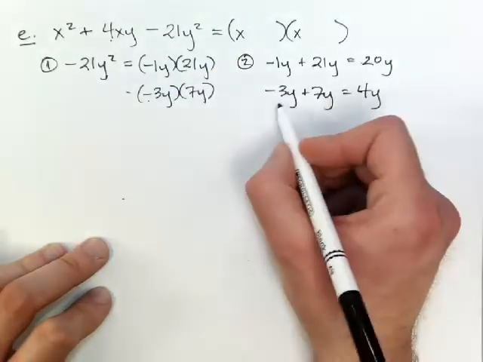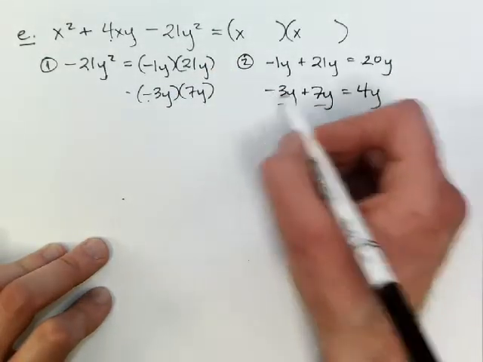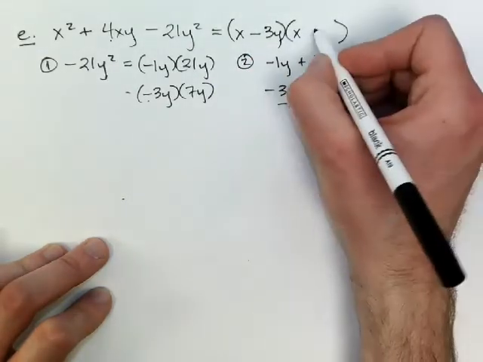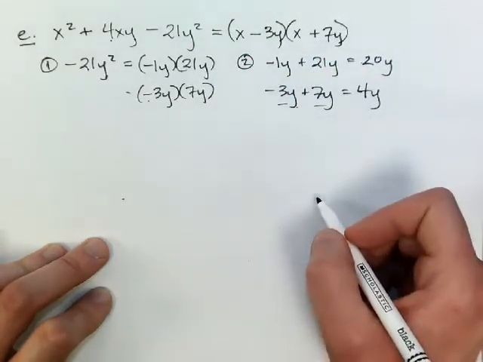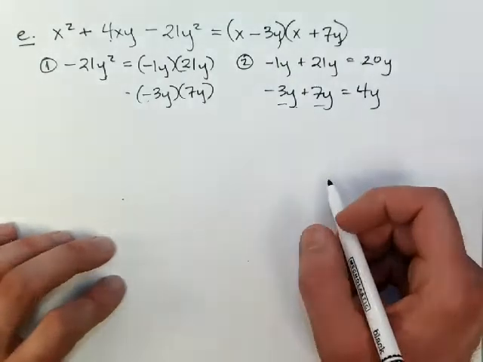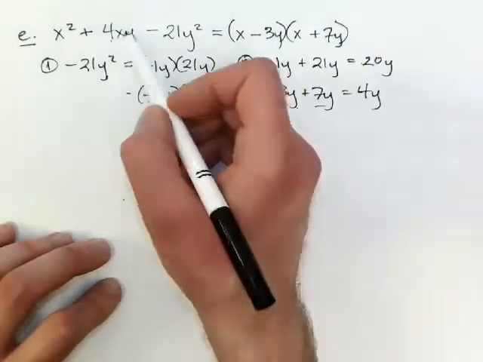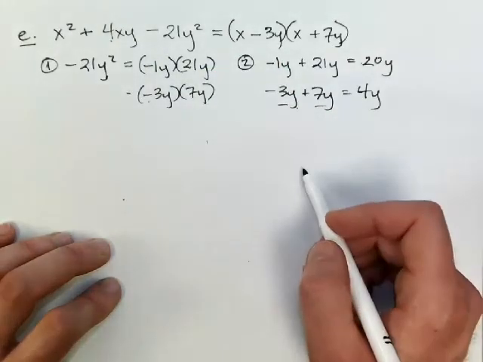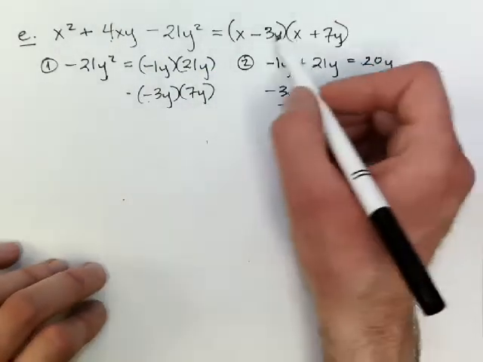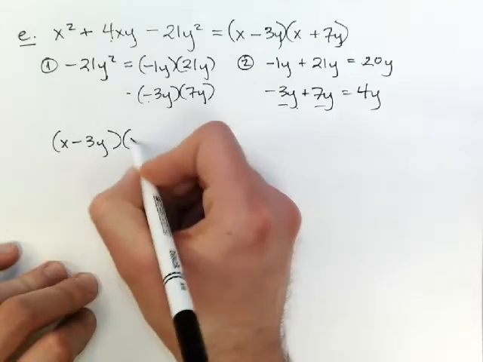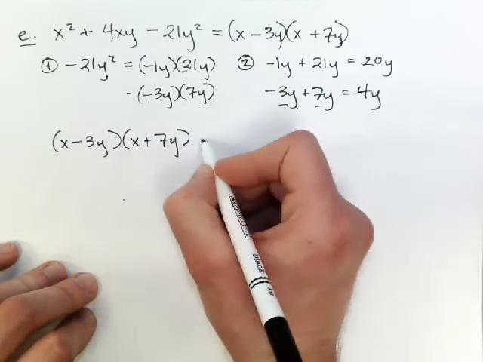So negative 3y and 7y are our second terms. Just treat that y like a part of the constant, part of b, and you should get the same method to work out. Since this is new, we could go ahead and check this to make sure that it works the same way.